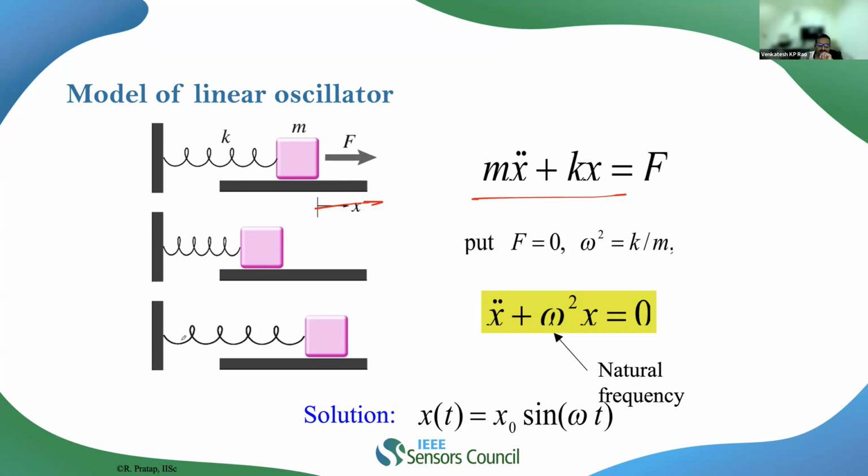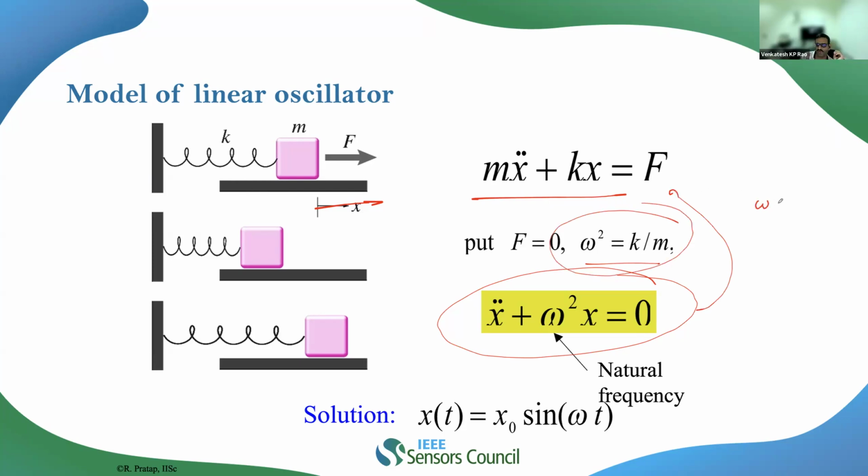Now it will keep on oscillating about the equilibrium position. Here omega square will be equal to k by m. If I substitute x equals X sin omega t, I will get x double dot plus omega square x equals 0. If I compare across these two, I can write that omega square equals k by m.